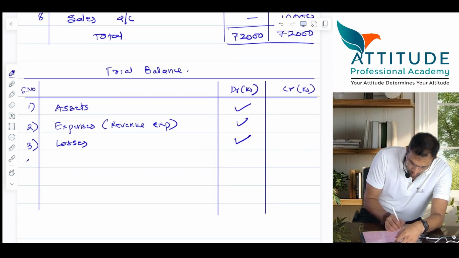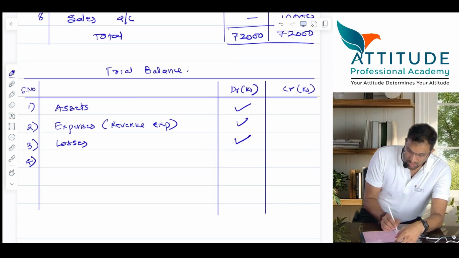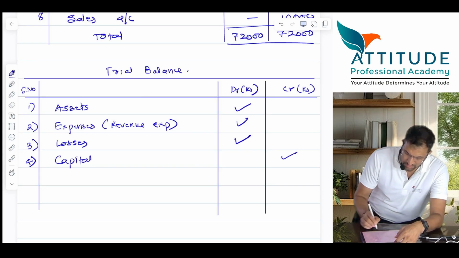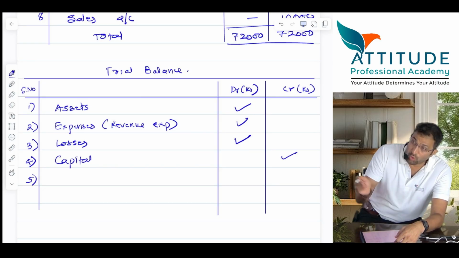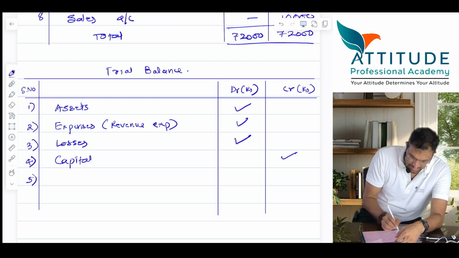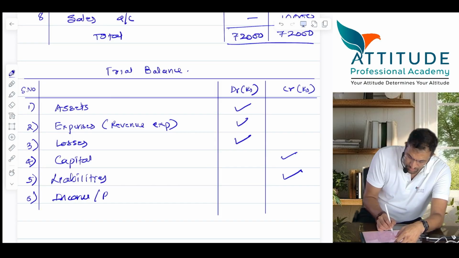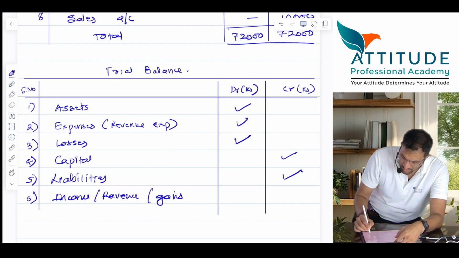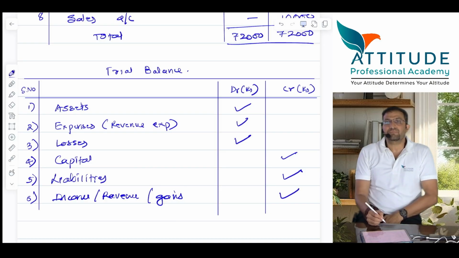Correct? Fourth, tell me. Capital will generally show credit balance. If you overdraw from the capital, then it can show debit balance. Liabilities, tell me, liabilities will always show credit balance. And income or revenue or gains, any gains will show credit balance.